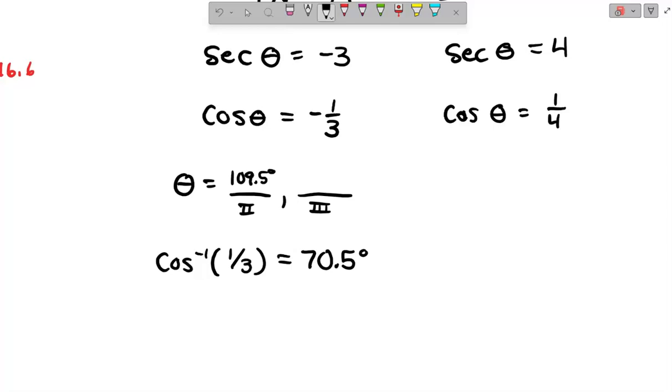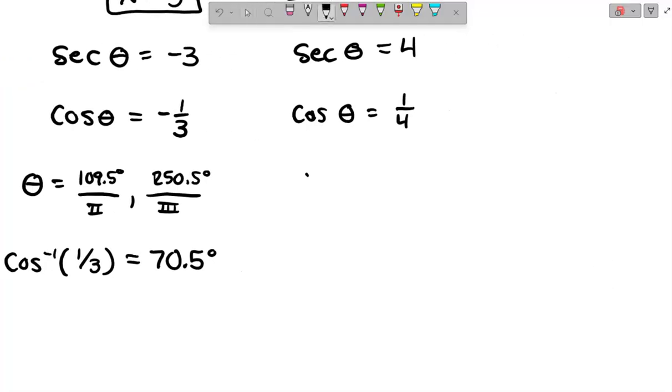And then my second answer in quadrant 3 is going to be 180 plus 70.5, and that gives me an answer of 250.5. And we're going to rinse and repeat one final time to wrap up this problem. So over here we have a positive 1/4. Cosine is positive in quadrants 1 and 4, and so I'm going to go ahead and take that inverse cosine of 1/4.